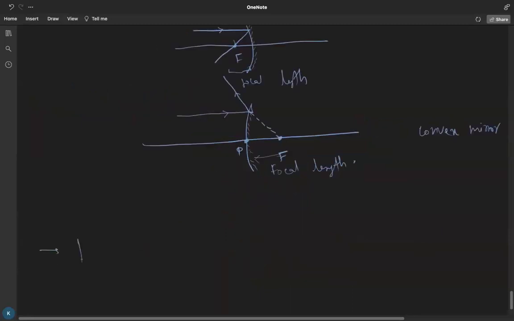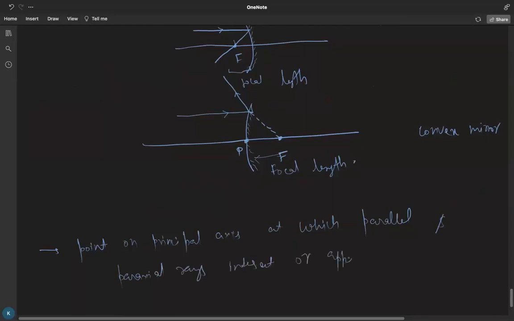Let me write it here: the point on the principal axis at which parallel and paraxial rays intersect or appear to intersect is called the focus of a spherical mirror, right?